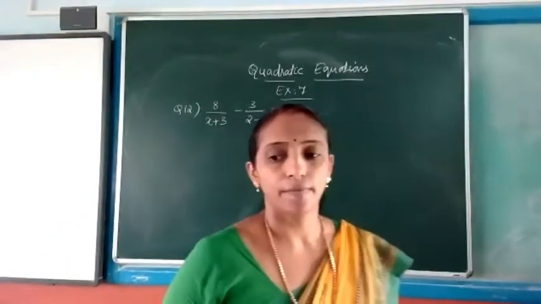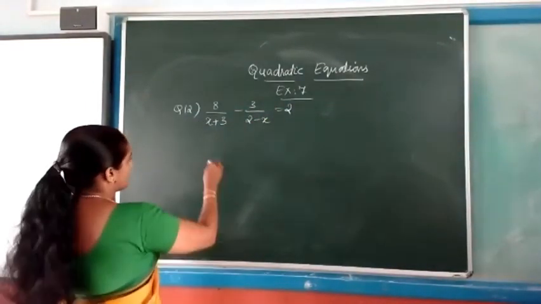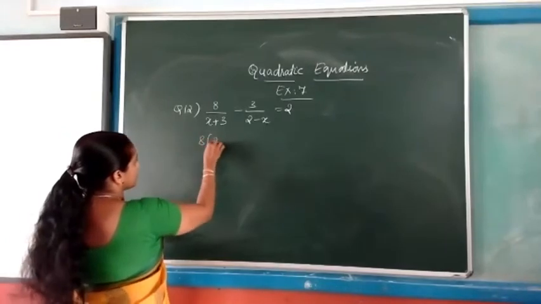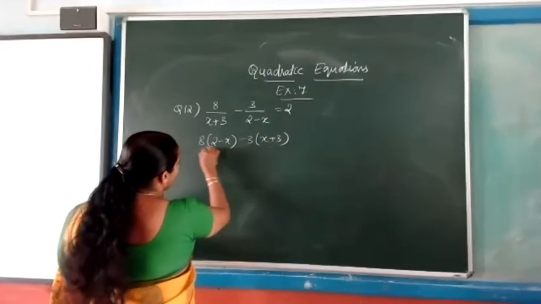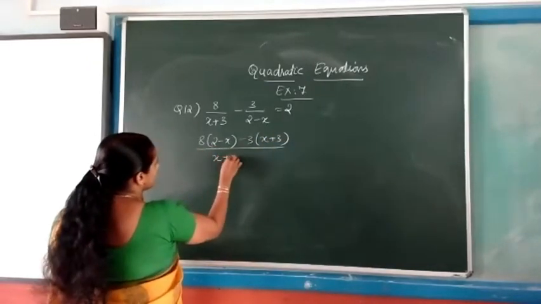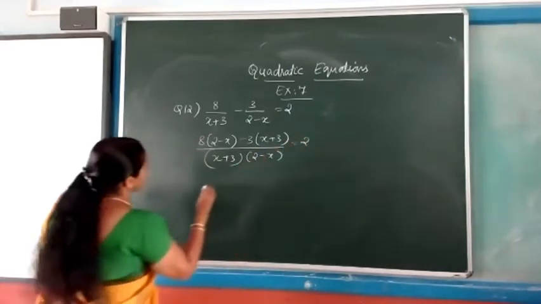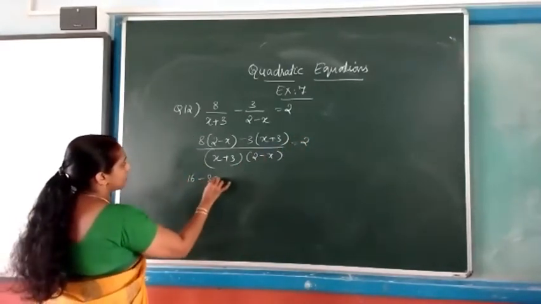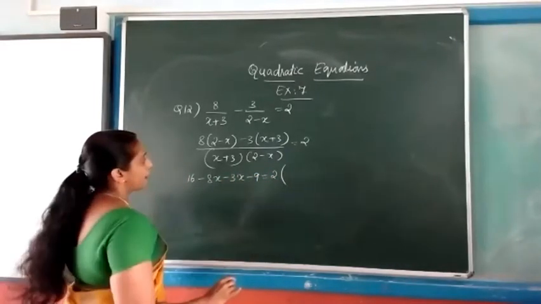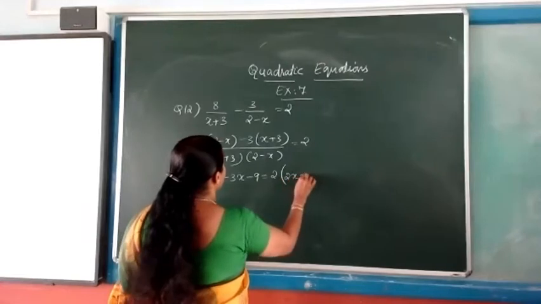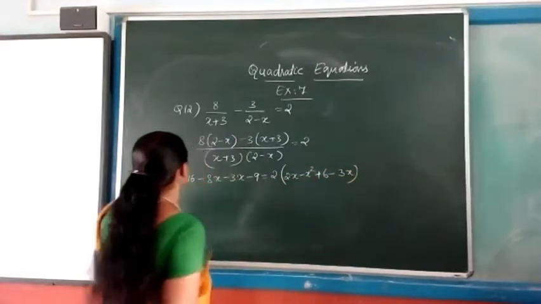So if you are taking the LCM, 8 into 2 minus x minus 3 into x plus 3 upon x plus 3 into 2 minus x is equal to 2. That is 16 minus 8x minus 3x minus 9 is equal to 2 into 2x minus x square plus 6 minus 3x.